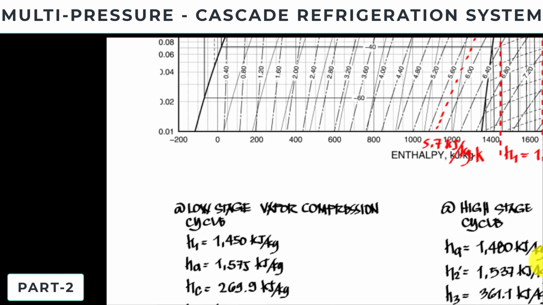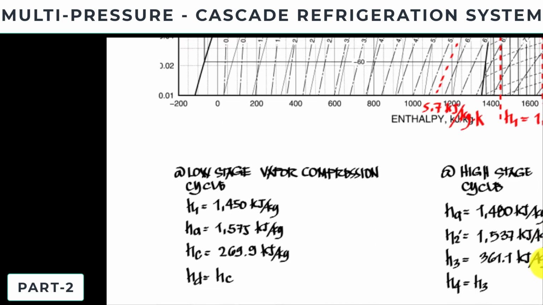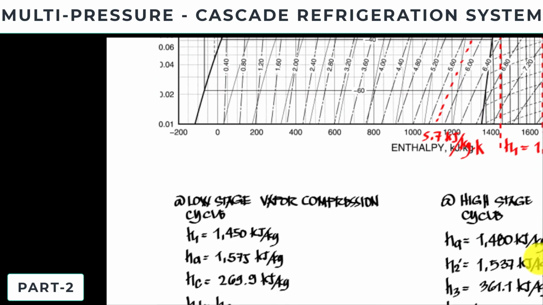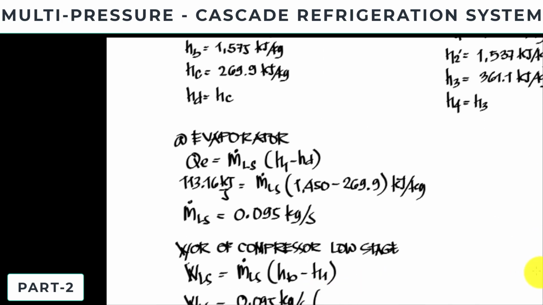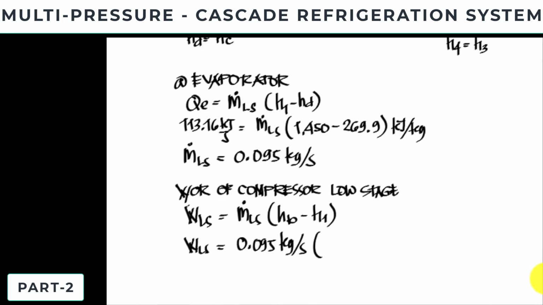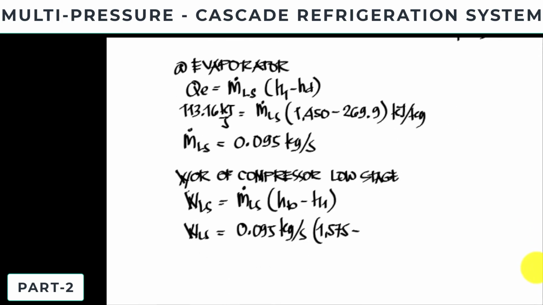So this is from the low stage cycle. So enthalpy 1. Okay, we forgot here. This is enthalpy B. Sorry about that one. So let me change this one. So this is my enthalpy B. Okay, so that's been corrected now. So we have enthalpy B, that is 1575, minus the enthalpy 1, which is 1,450.